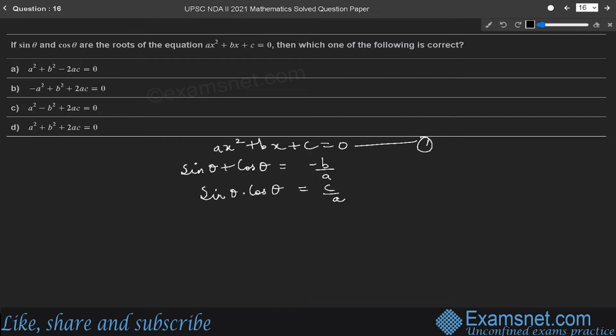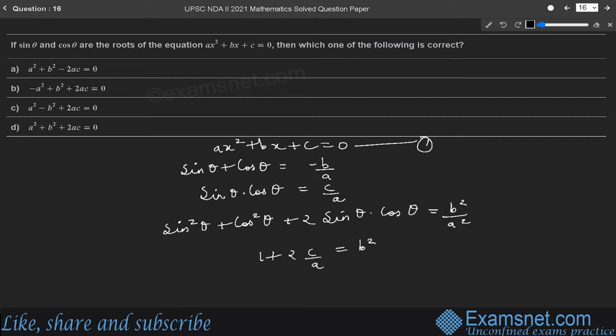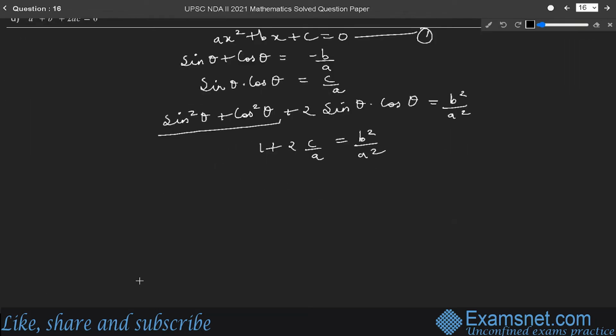Now on squaring both the sides, we will get sine square theta plus cos square theta plus 2 sine theta cos theta is equal to b square upon a square. So it will be 1 plus 2 into c upon a is equal to b square upon a square. Because we know that sine square theta plus cos square theta is 1, and sine theta into cos theta is the product of roots, which is c upon a.